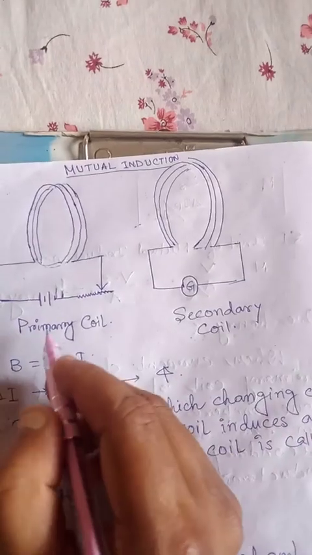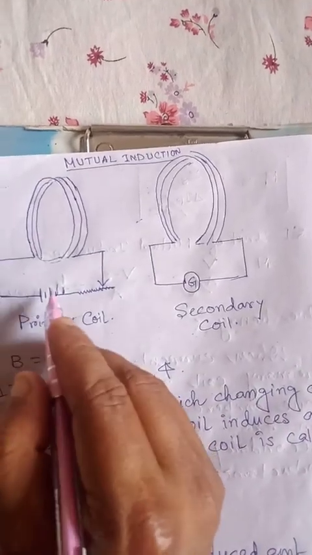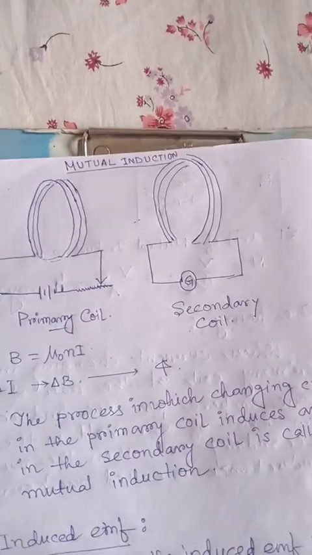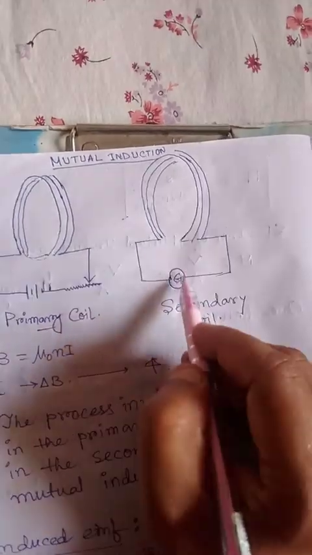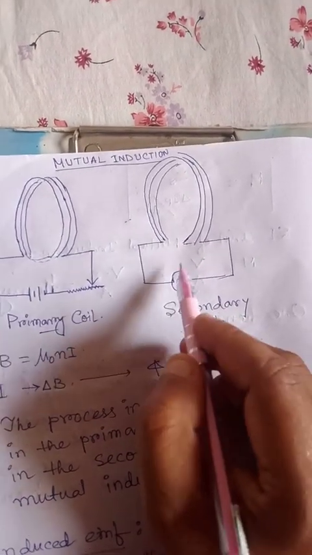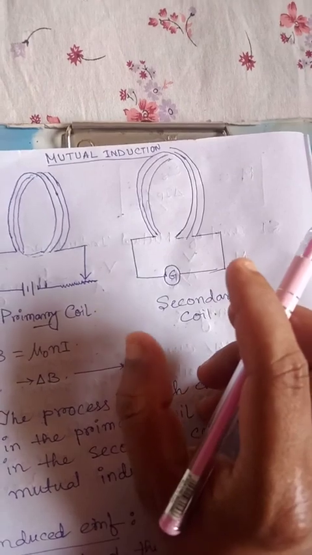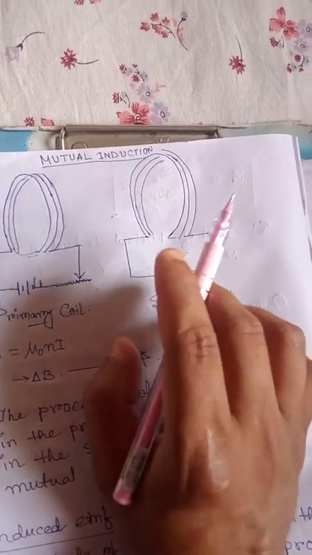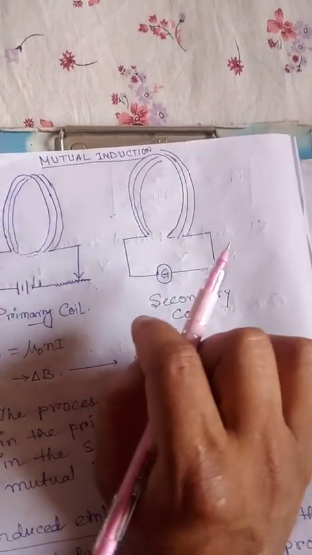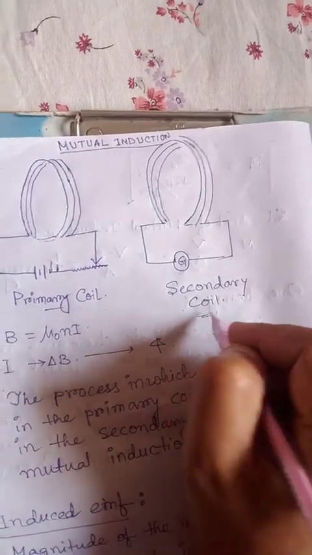That's why the coil connected with the battery is called the primary coil, and the coil connected with the galvanometer, to measure whether current flows through it or not, is called the secondary coil.